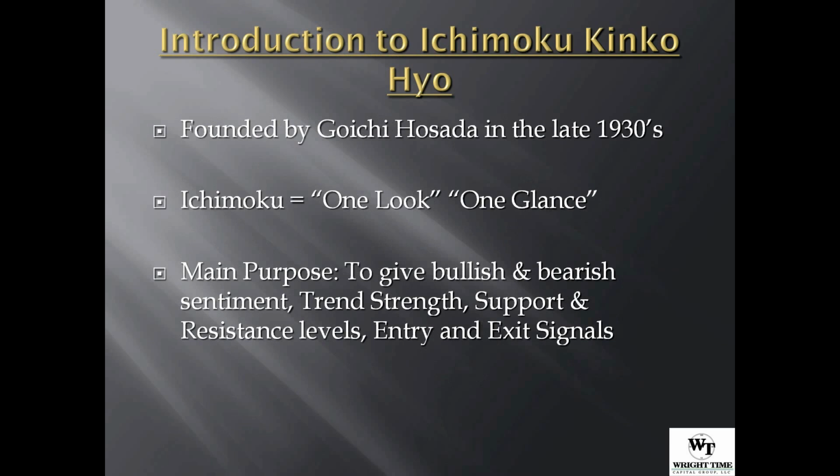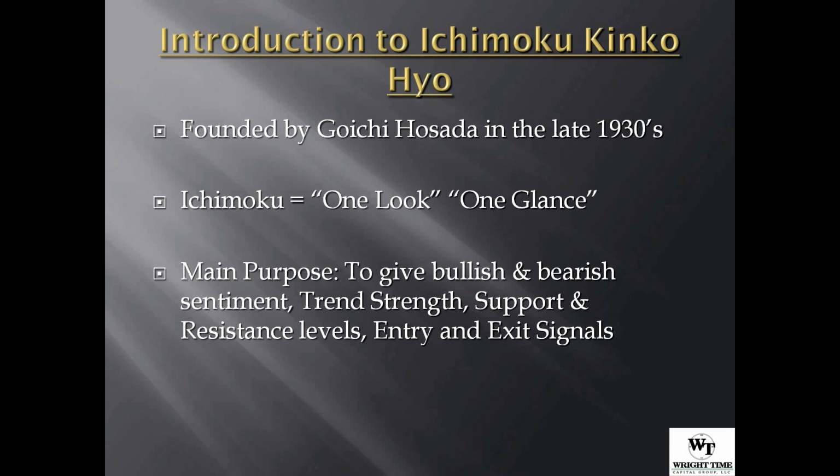All right. Now, like I said, this is the introduction, and Ichimoku Kinko Hyo was founded by Gyoichi Hasade in the late 1930s. However, he did not finish his project until the late 1960s.